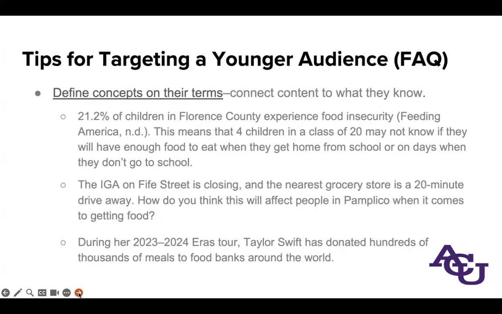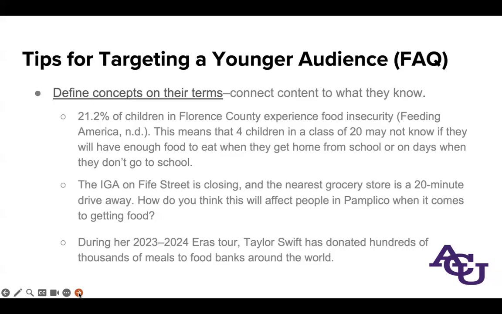Here's another example that actually relates to something going on right now where I live. The IGA, which is a grocery store on 5th Street, is closing, and the nearest grocery store is a 20-minute drive away. How do you think this will affect people in Pamplico when it comes to getting food? If I were talking to the 5th and 6th graders I used to teach, a lot of them used to live on that side of town.